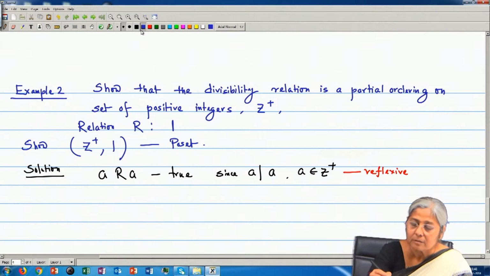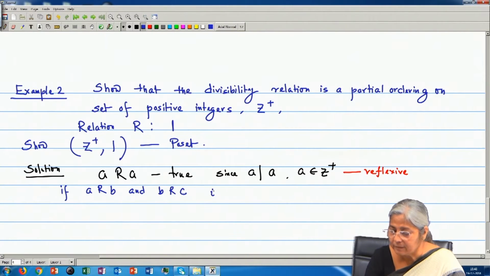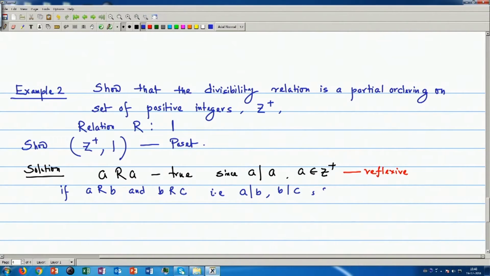It is also transitive, because if A R B and B R C, that is A divides B and B divides C, then I can conclude that A divides C. So it is transitive.